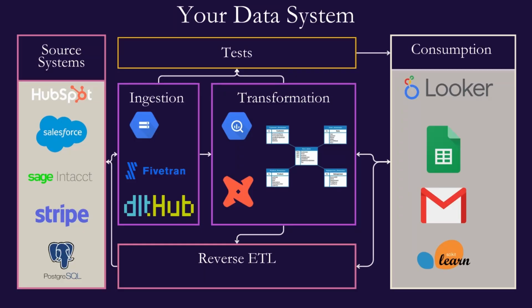You're going to want to have robust testing along your entire data journey. So you want to make sure that you have alerts set up for when a replication or ingestion job fails, when a dbt model fails, when values are out of limits, or you have too many duplicates.